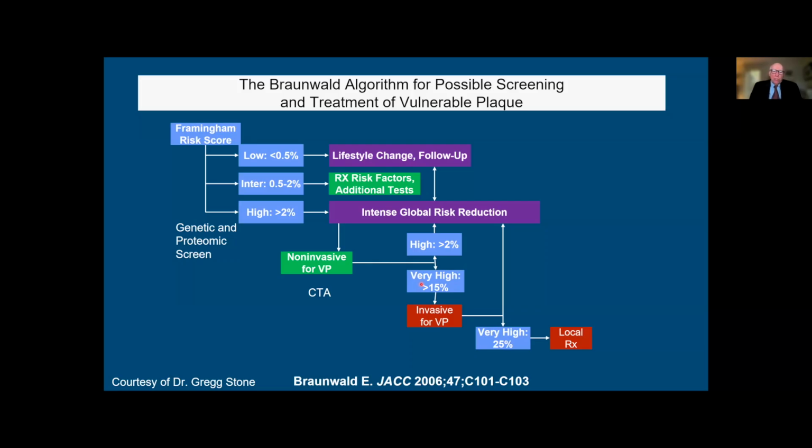If they are at risk, have a CTA. If you find a high plaque risk from CTA, they could go to the cath lab before the first coronary event. And if they're found to have a very high risk from invasive imaging, then they might get local treatment. So there's lots of excitement about this algorithm for managing patients.